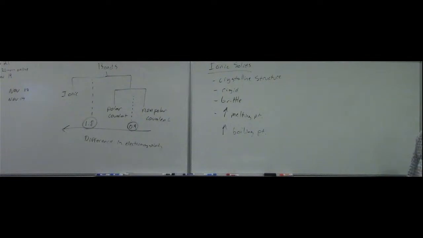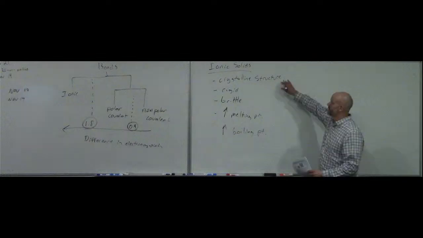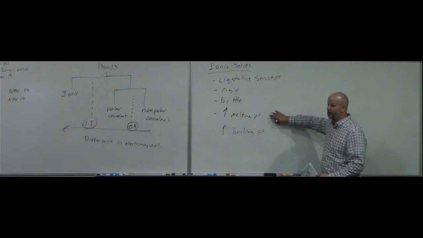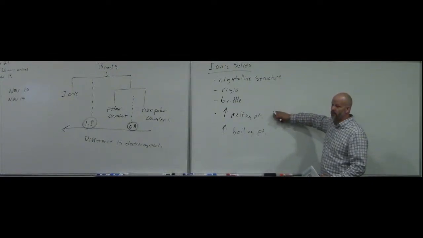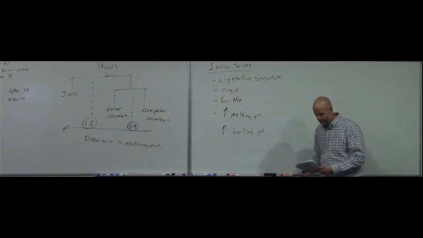You take the same pan and pour sugar into it, it'll melt, right? That's how you form caramel. Good luck melting salt, it's not going to happen. Ionic solids, you can melt them, but they have very, very high melting points and boiling points. Melting point is going from a solid to a liquid, boiling point is going from a liquid to a gas.